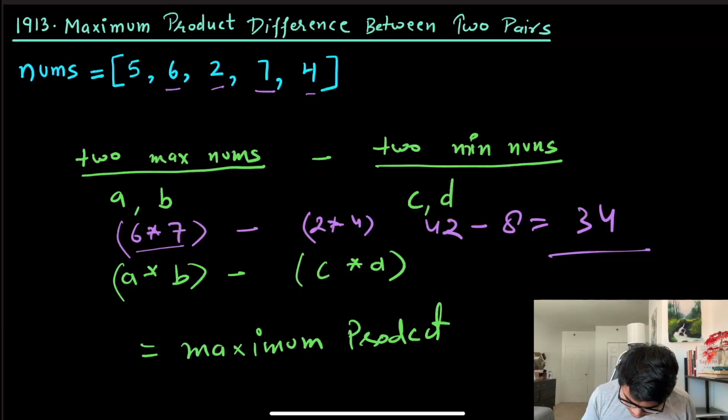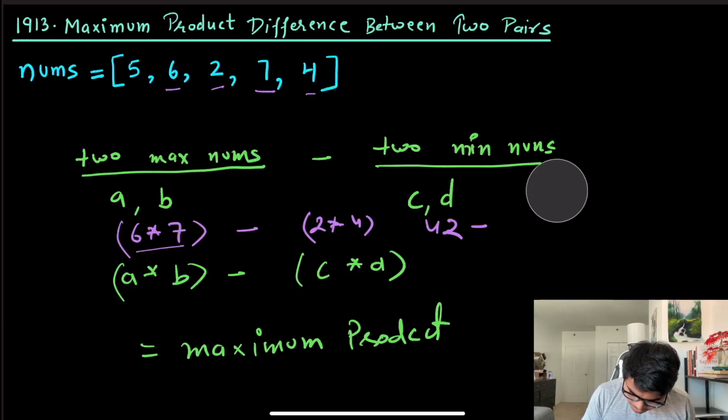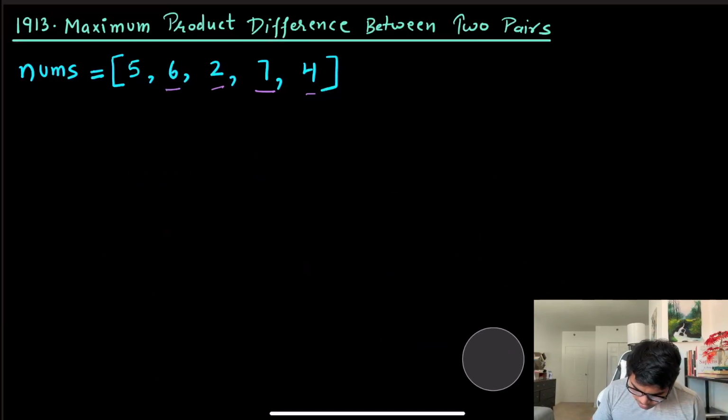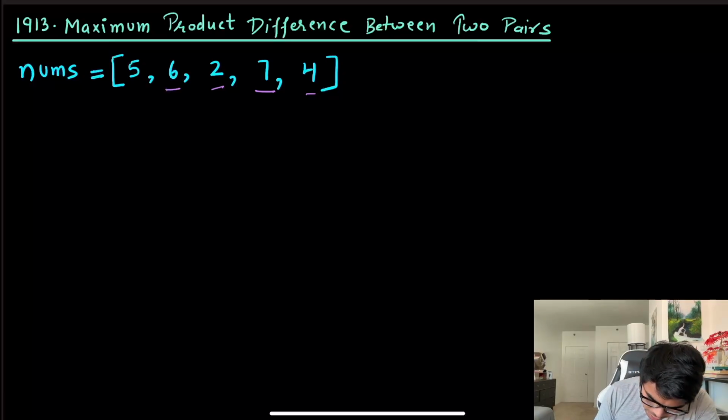Let me make it very clear. Initially I will declare the largest numbers, so I'll call it biggest 1, and initially biggest 1 is 0.